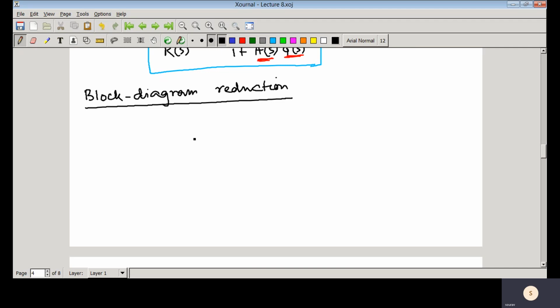So suppose you have a part of the block diagram that is U(s), and here this is Y(s), and this is called the branching point.